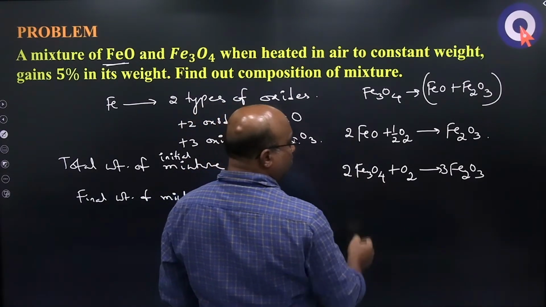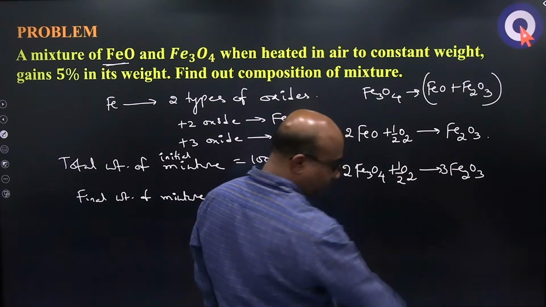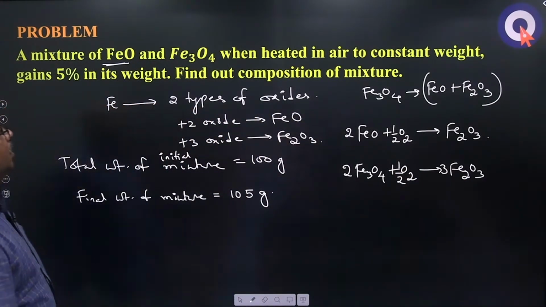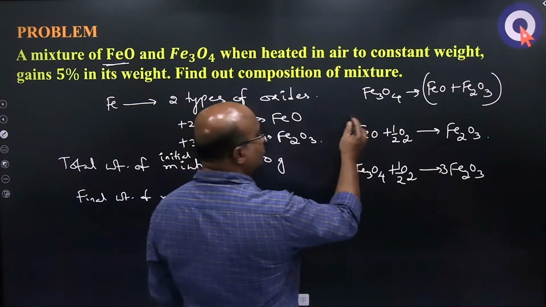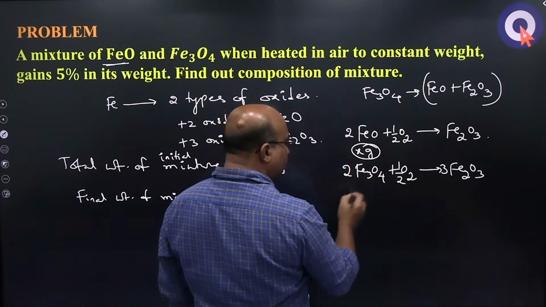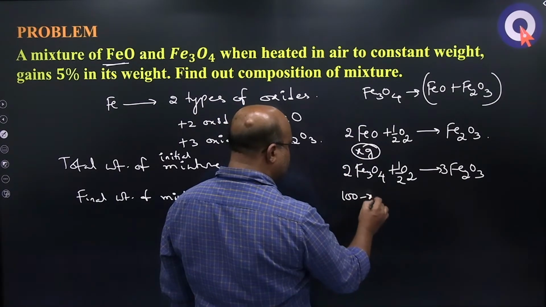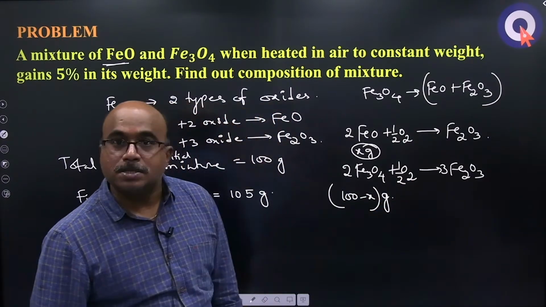This is 8, this is again 9, so it is also half. Now let us say if this weight is x, then the weight of this will be 100 minus x.